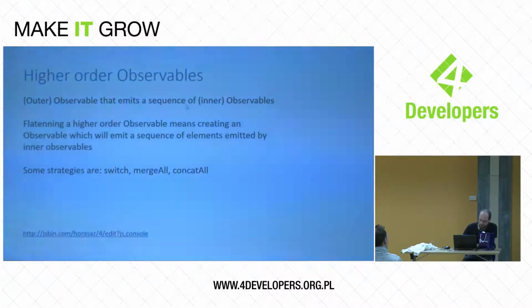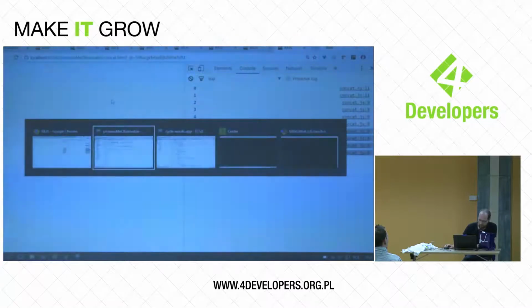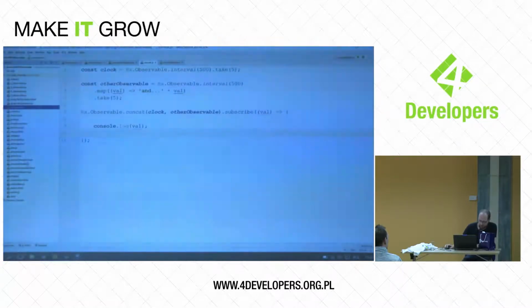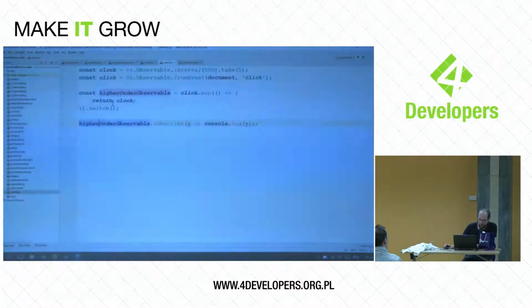Okay, so let's check out the code for switch. So we have a clock and a click. For the clock, every half second we take just 5 elements, and click is watching for events.